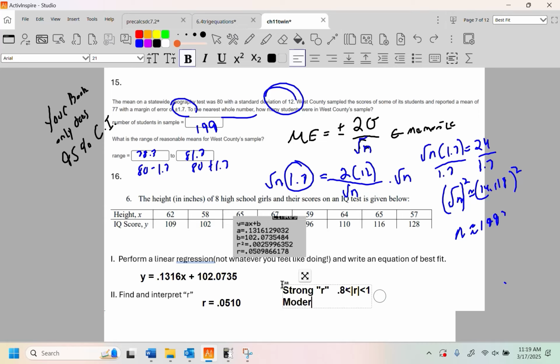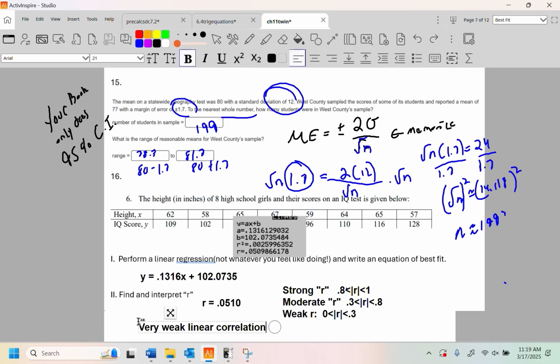A moderate R is when we are stuck between 0.3 and 0.8, but not inclusive. And a weak R is when we're stuck between 0 and 0.3. So this is definitely a very weak linear correlation.